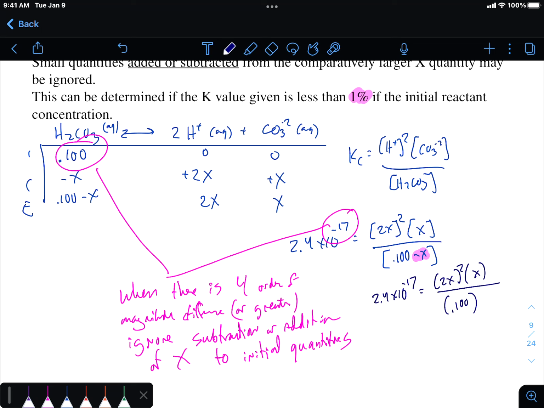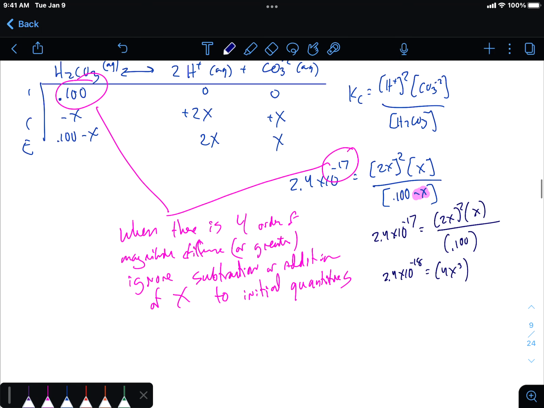You can just solve this with math. Multiply both sides by 0.1. 4x cubed, because 2x squared is 4x squared times x, which is 4x cubed. So divide both sides by 4 and take the cube root, and then you have x.